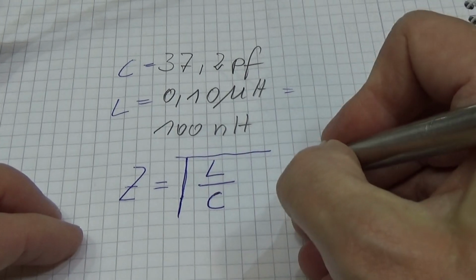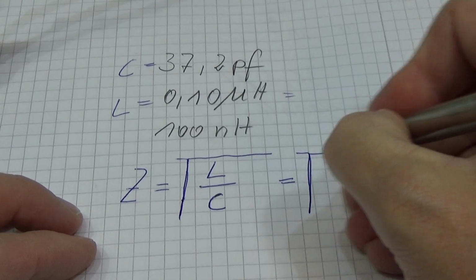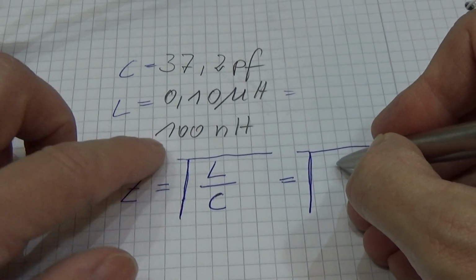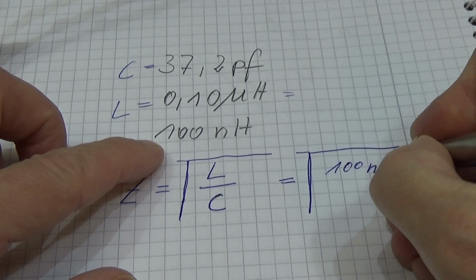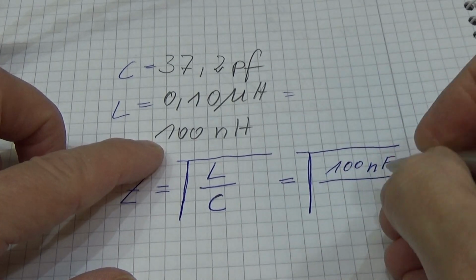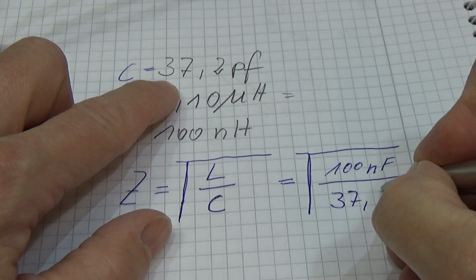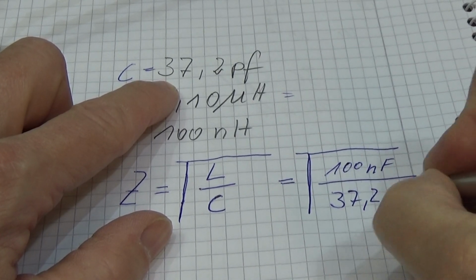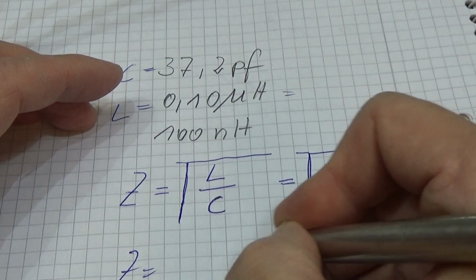Okay, let's try. This is equal to the square root of 100 nanohenry over 37.2 picofarad. And what now is the outcome?